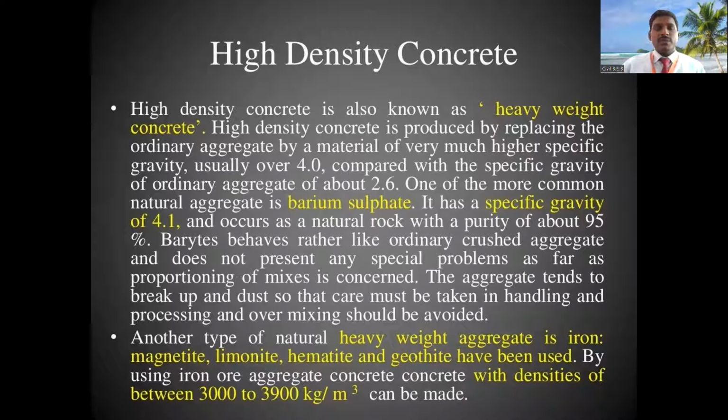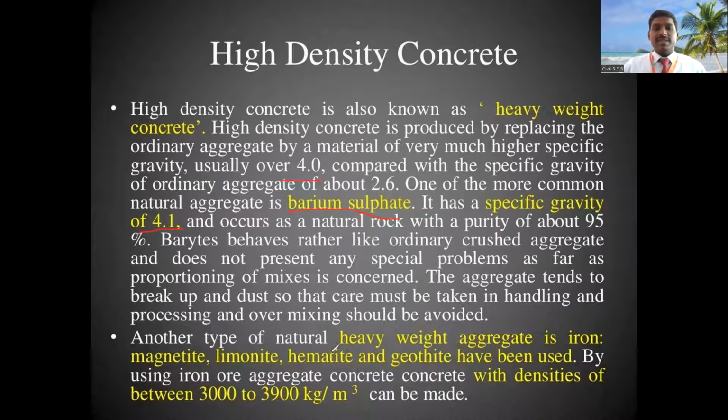But whatever aggregate we are using for the high density concrete, the specific gravity of that aggregate is around 4. It means we are using heavy rock, where the density of the rock from which we prepare the aggregate is higher. One such rock is barium sulfate rock, which has a specific gravity of 4.1, and aggregates of that specific gravity we have to use.